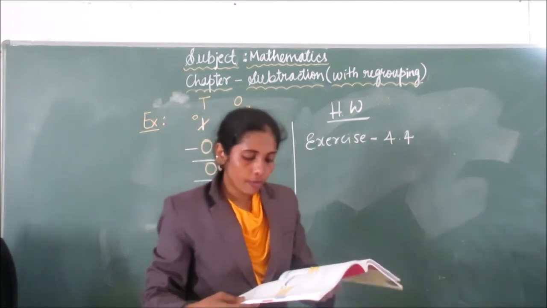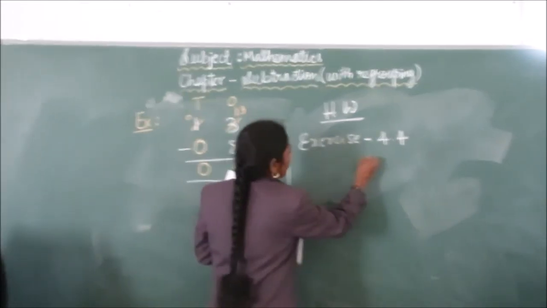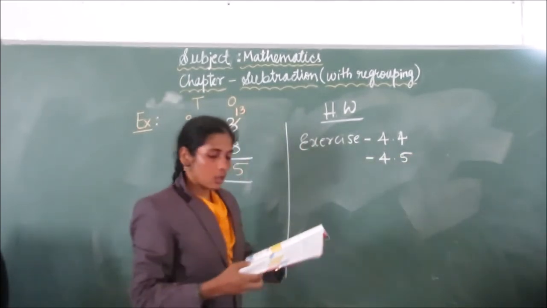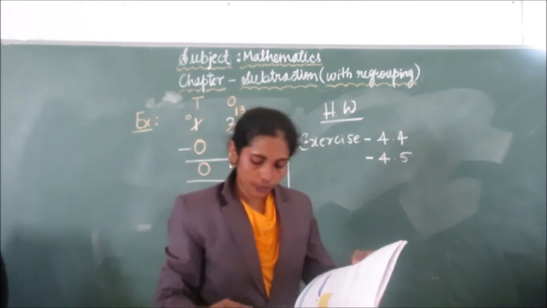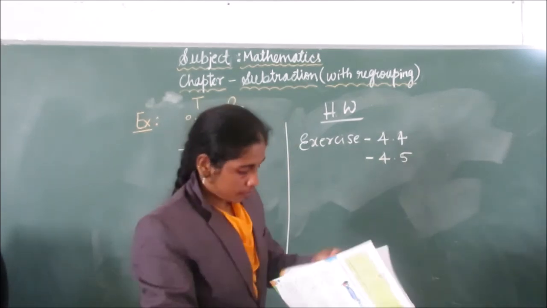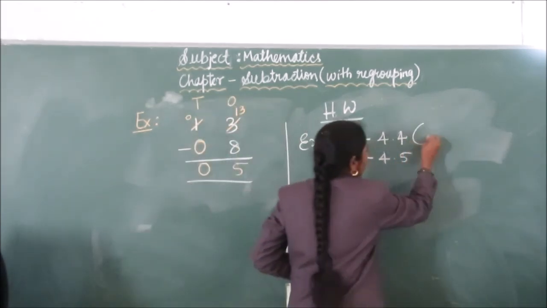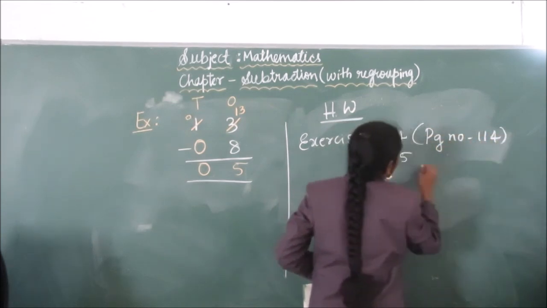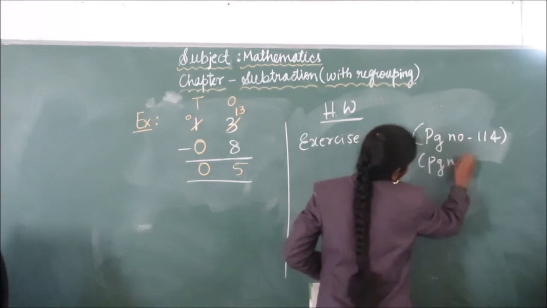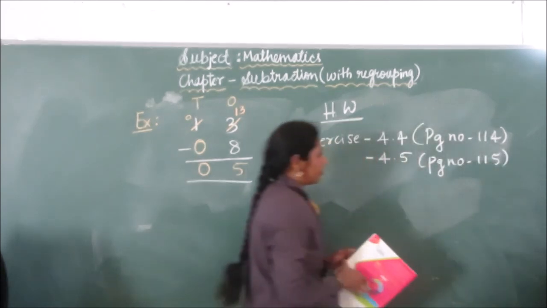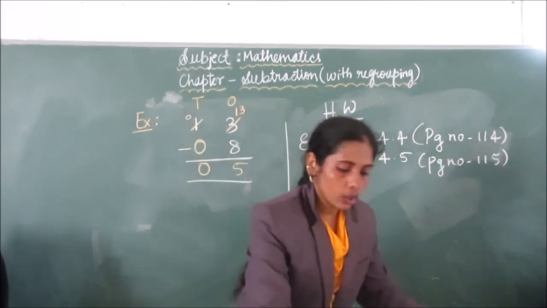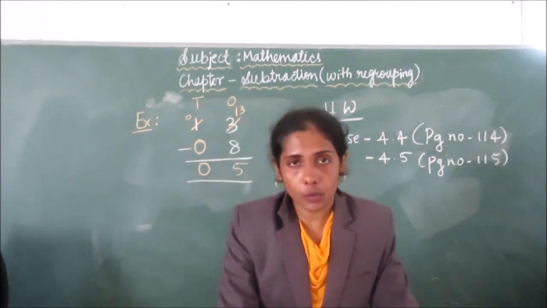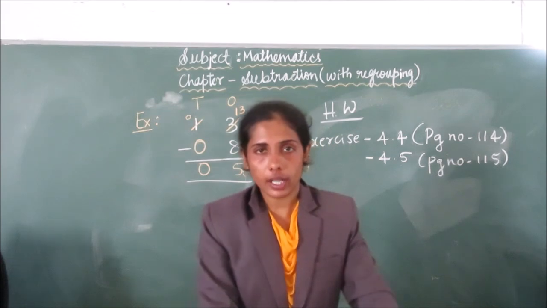Then exercise 4.5, the same, this also you should solve. The page numbers I will mention in brackets: page number 114 and page number 115. These both exercises you have to solve in your textbook itself.